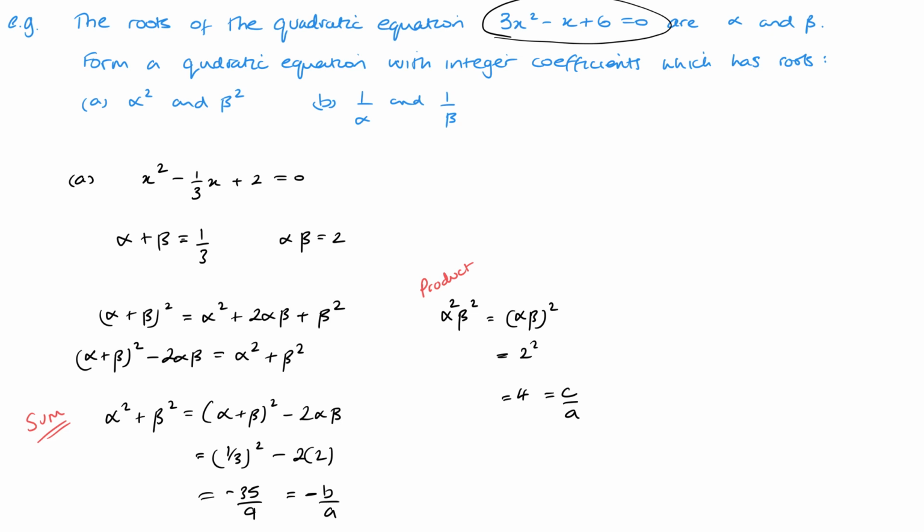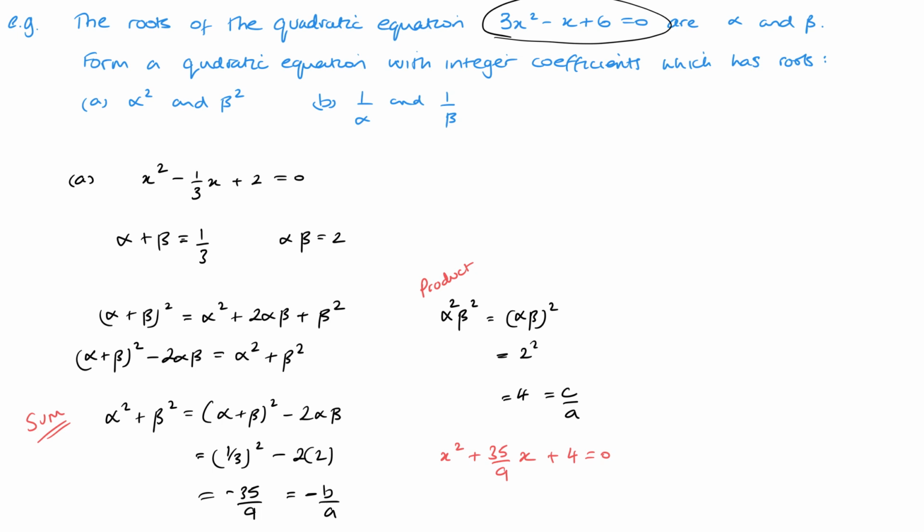Once we've done these steps, we can then put it into our equation. We'd have x squared, and then minus B over A, which we can see is 35 over 9, because of the minus and the minus there. That's the coefficient of x, plus C over A, which is 4, equals 0.